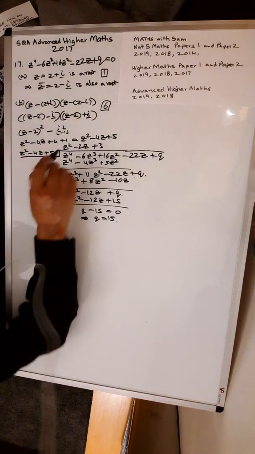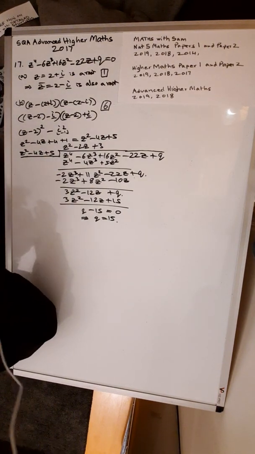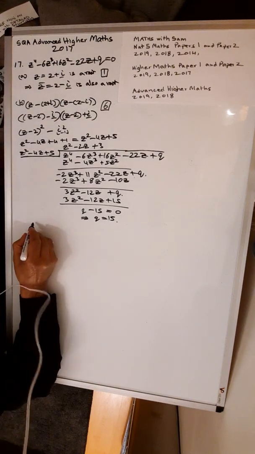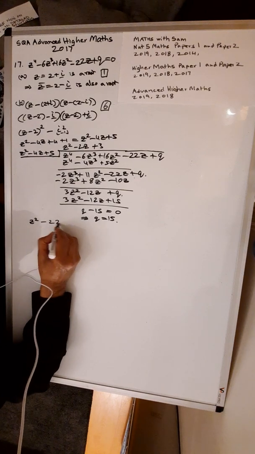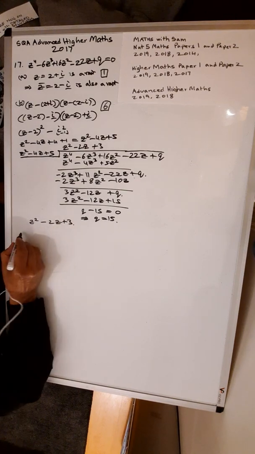The remaining roots come from z squared minus 4z plus 5, and you need to use the quadratic formula.